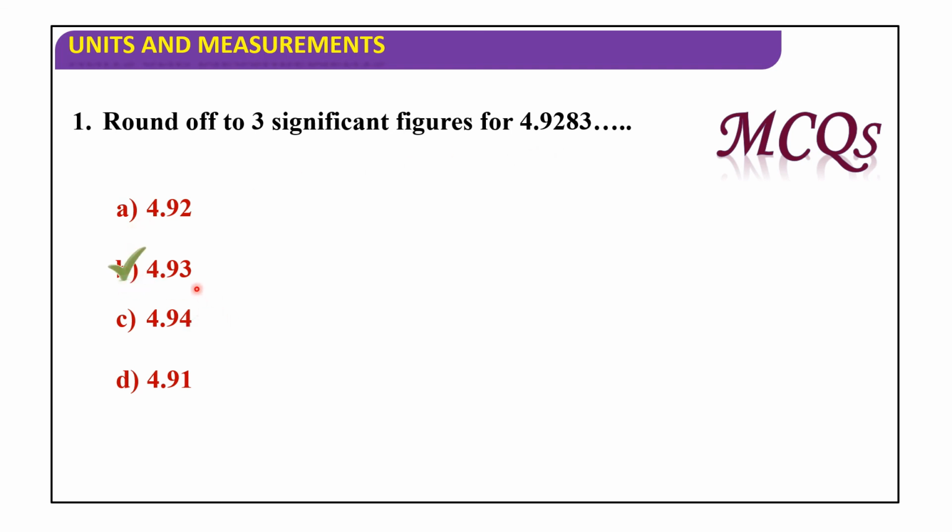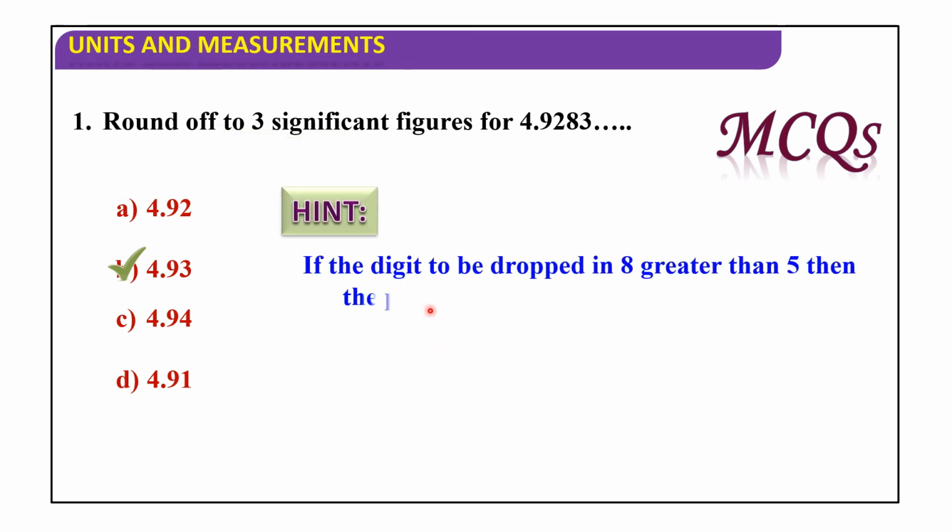The second option is correct. If the digit to be dropped, 8, is greater than 5, then the preceding digit is to be raised by 1. Okay. So that's why the rounded off number to three significant figures is 4.93.